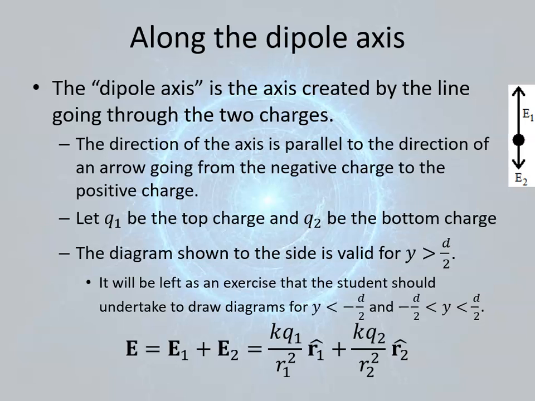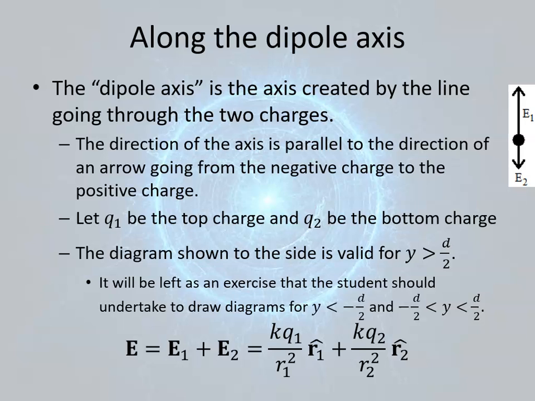And something called the dipole moment is equal to the distance between the two charges times the magnitude of each charge. If it's a dipole, then they have equal magnitude, times the unit vector going from one charge to the next. Or you could just say equal to the magnitude of each charge times the vector going from one charge to the next.